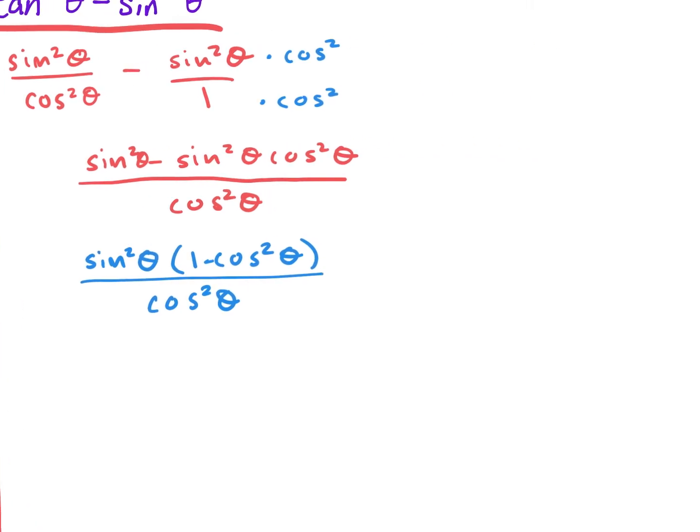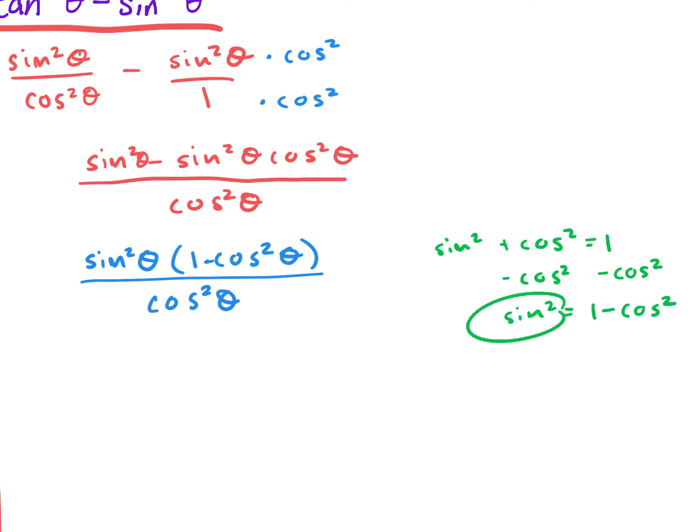Our Pythagorean identity here is sine squared plus cosine squared equals 1. So I want to make this look like 1 minus cosine squared, so I'm going to subtract cosine squared on both sides. So sine squared is equal to 1 minus cosine squared. So I'm going to take sine squared and substitute it in for that 1 minus cosine squared.